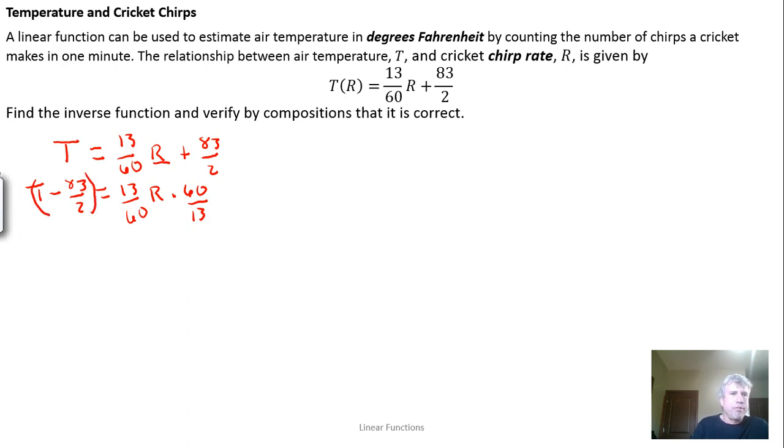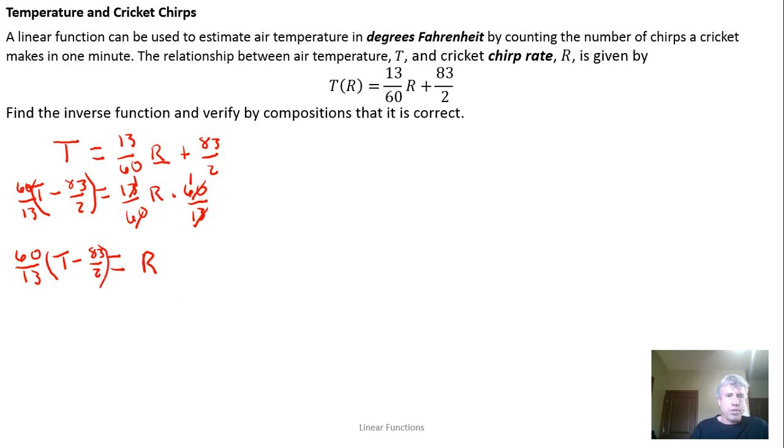So we're multiplying both sides by 60 over 13, and we do that because 60 divided by 60 is 1, 13 divided by 13 is 1, and effectively by multiplying by the reciprocal we generate a 1 on the r. So 1 times r is just r, so now we have r by itself, which was the goal, equaling 60 over 13 times t minus 83 over 2.